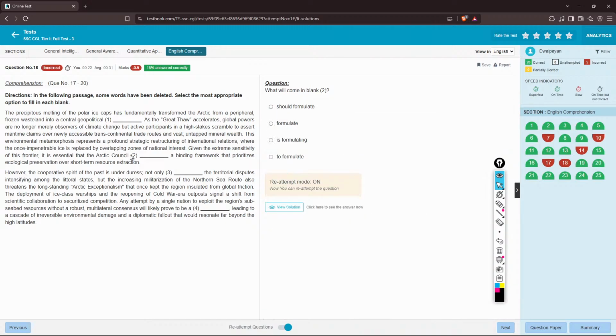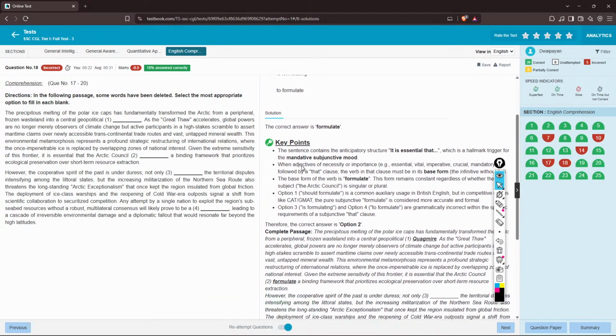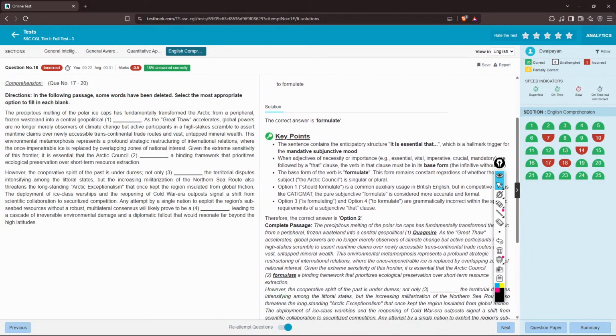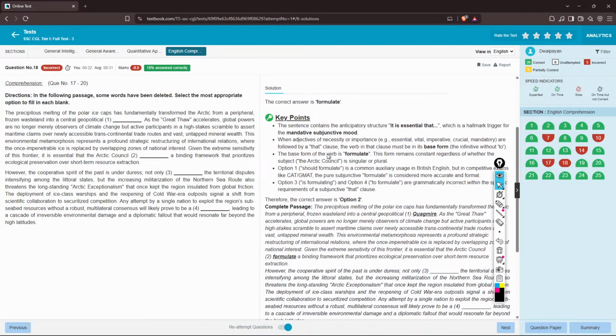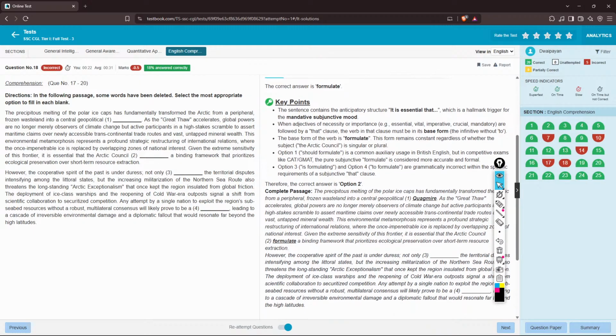Okay, council. So that the, okay, it is essential, although trigger for the subjunctive mood. So the base form will come. This is a present subjunctive mood.